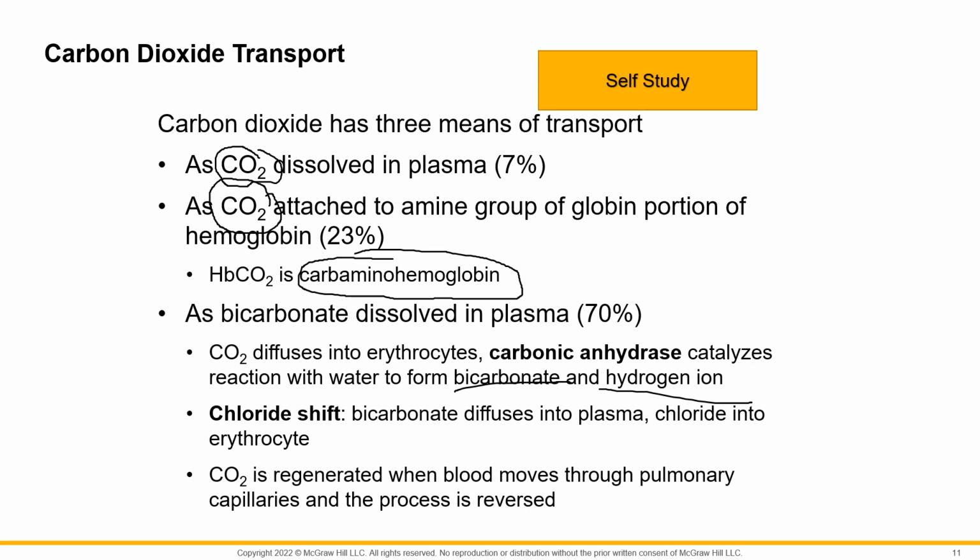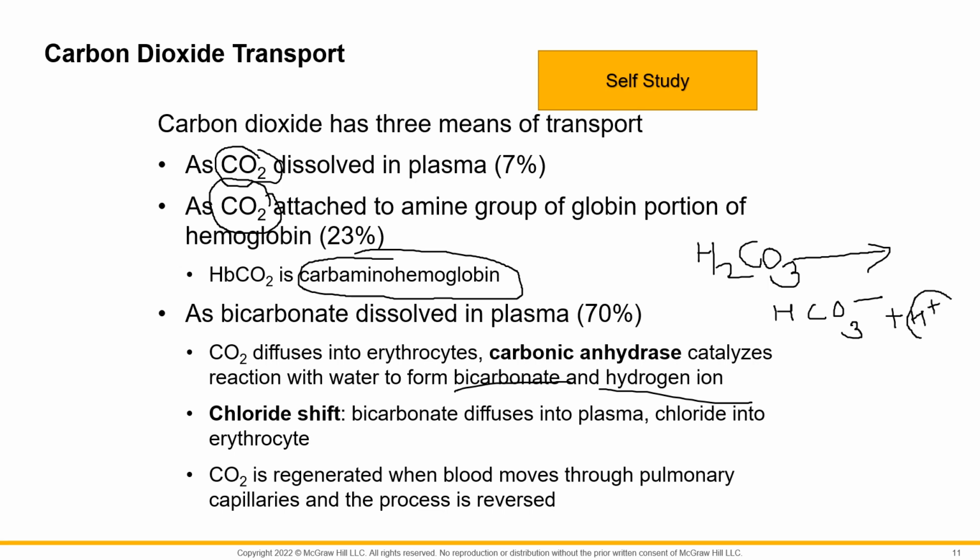So essentially, from the H2CO3, which is your carbonic acid, carbonic anhydrase is going to chop it up as HCO3 minus as well as H plus.